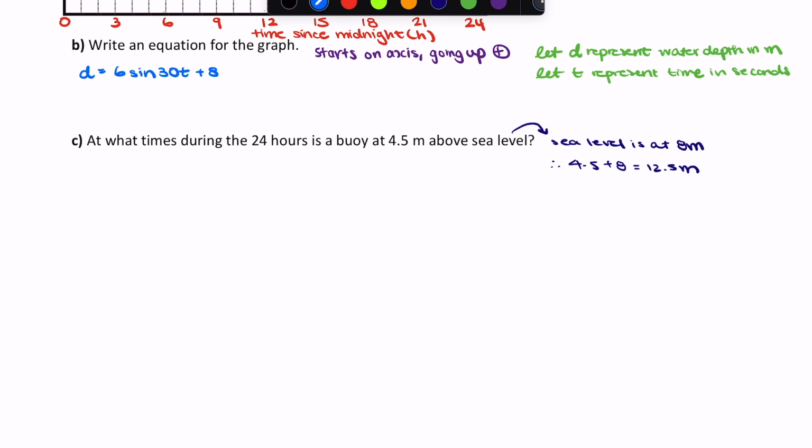Here we can sub it into our equation. So we have 12.5 is equal to 6 sine 30t plus 8. We'll subtract 8 from both sides, so we'll be left with 4.5 is equal to 6 sine 30t. Divide both sides by 6.